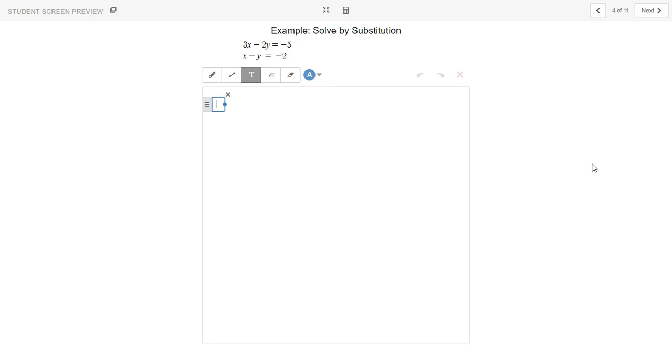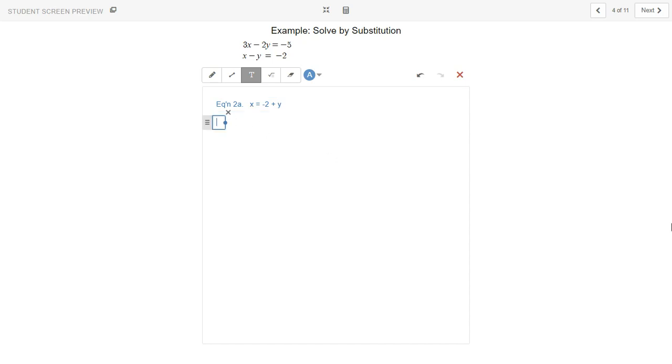So I'm going to rearrange equation 2. I'm going to call it 2a because it's the same thing as equation 2, but just rearranged. I could say x is equal to negative 2 plus y. I've rearranged the subtract y and made it a plus y on the other side.